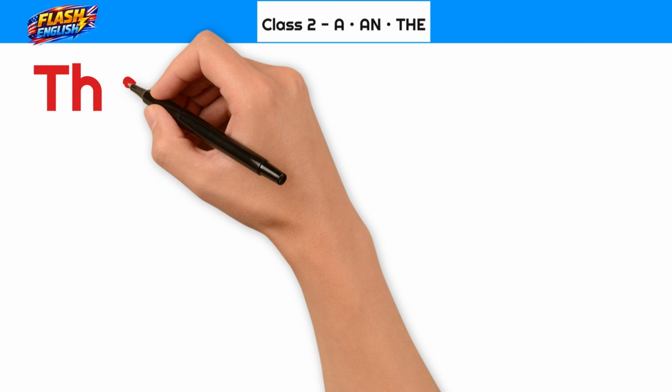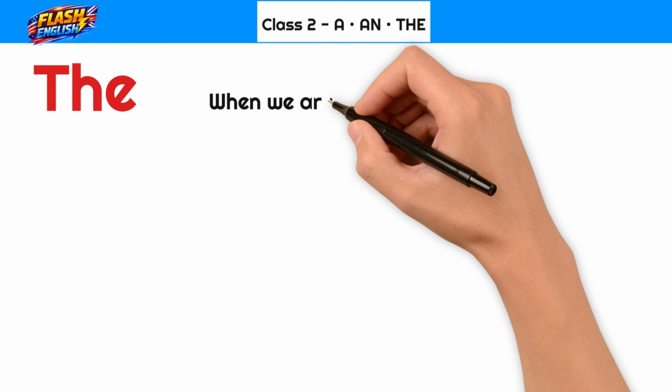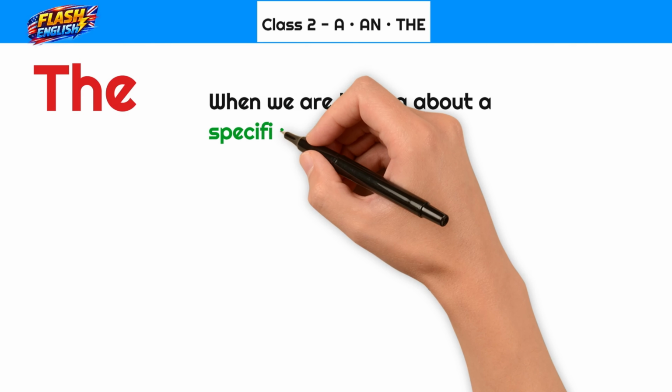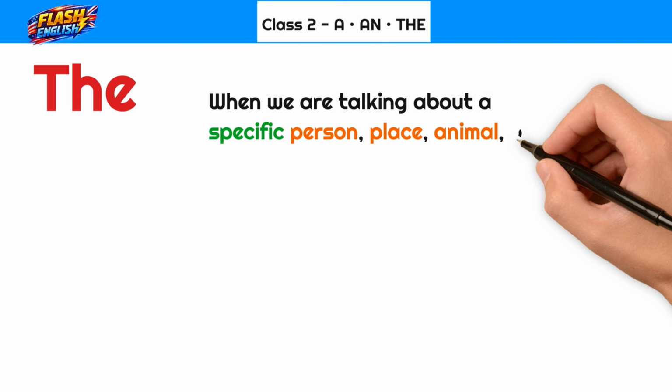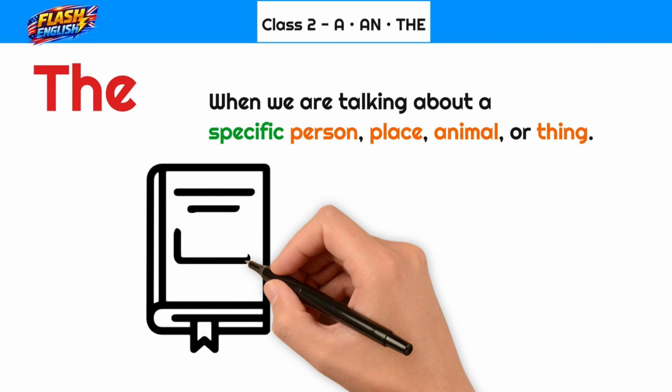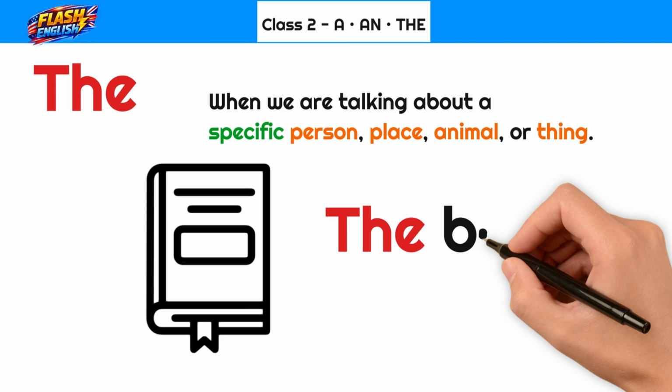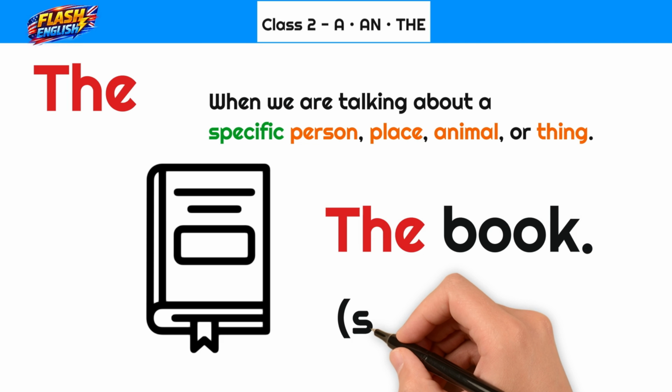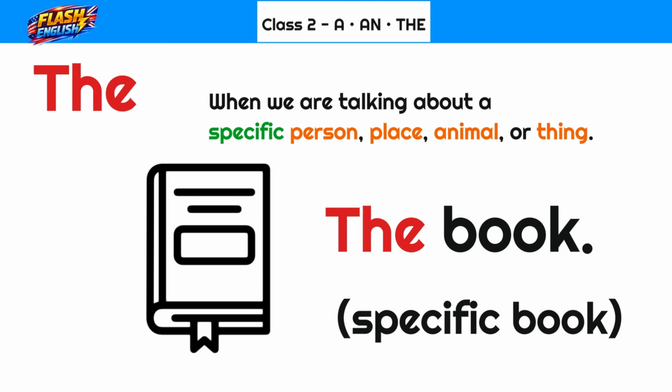Now let's learn our third article. The. We use the when we are talking about a specific person, place, animal, or thing. For example, the book. But what's the difference?